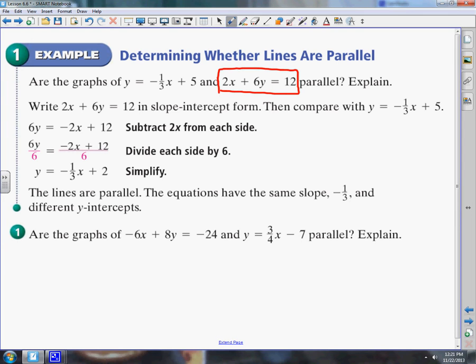So I want to solve that to see what the slope would be and see if it matches my -1/3. They subtracted 2x from both sides and then they divided by 6 and then they saw, oh, well, here's my equation. So this has the same slope as that. So yes, they are parallel because they have the same slope.